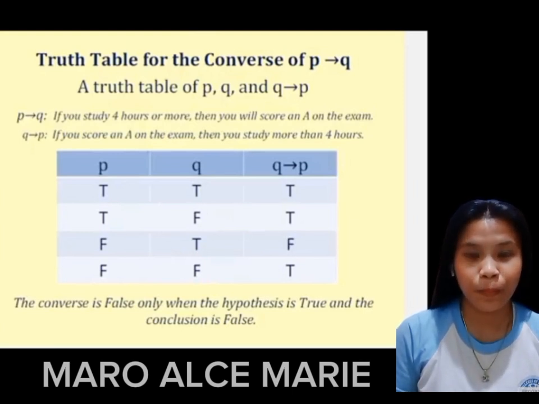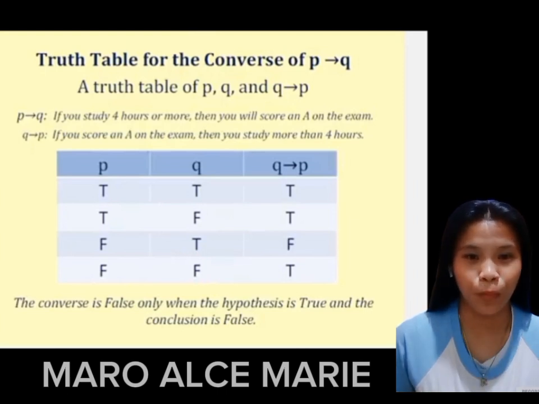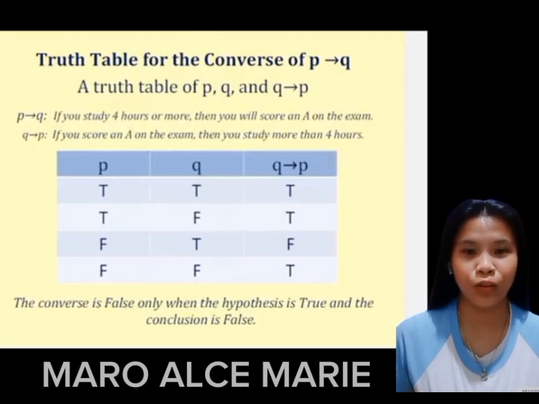When P is false, you did not study 4 hours or more, and Q is true, you scored an A on the exam. It indicates that regardless of whether you studied 4 hours or more, you still achieved the desired outcome of scoring an A on the exam.